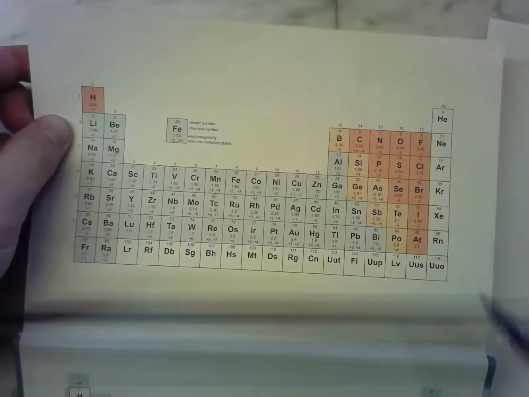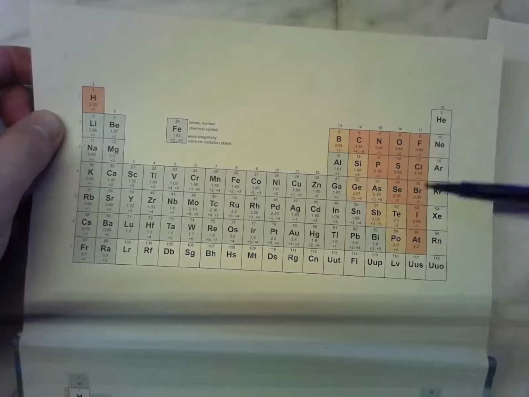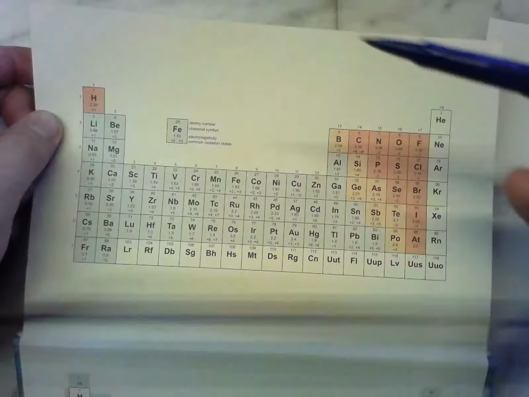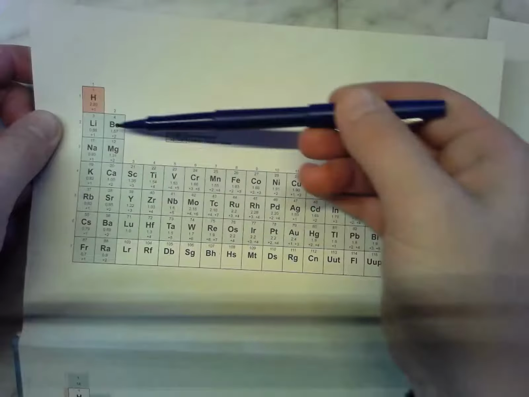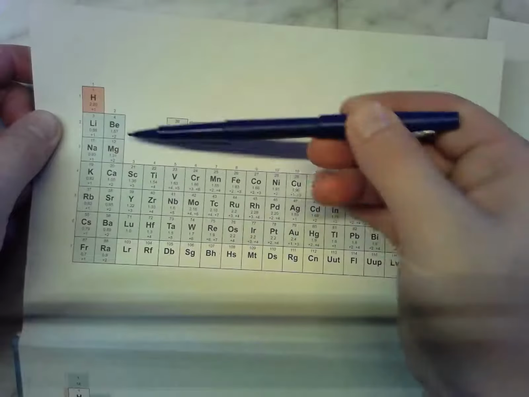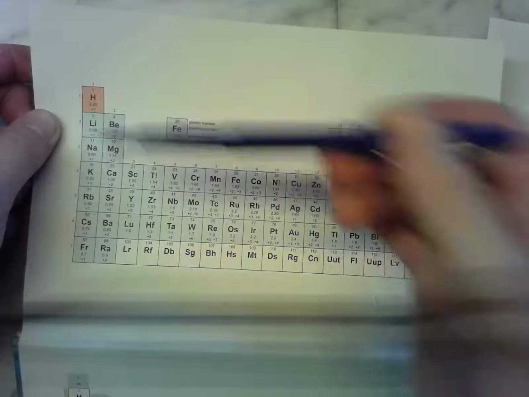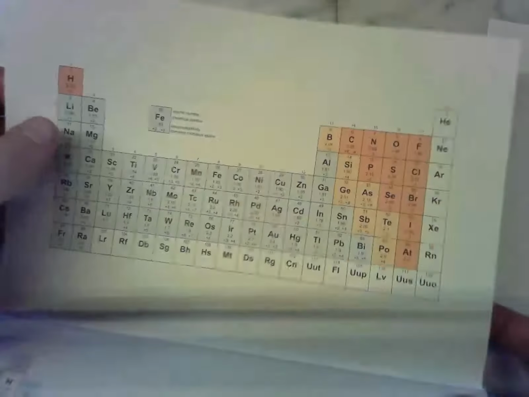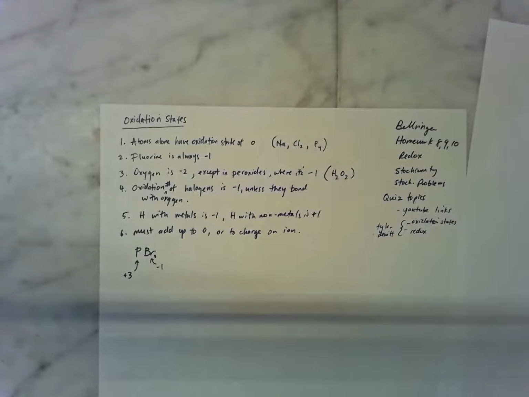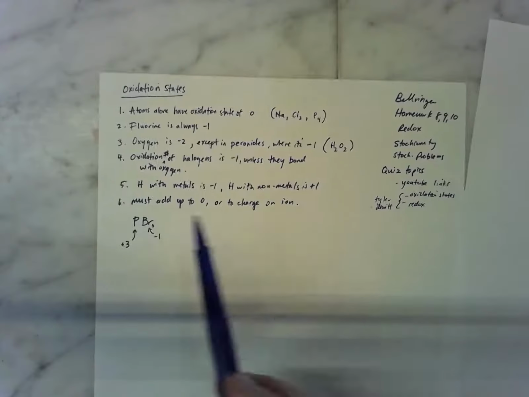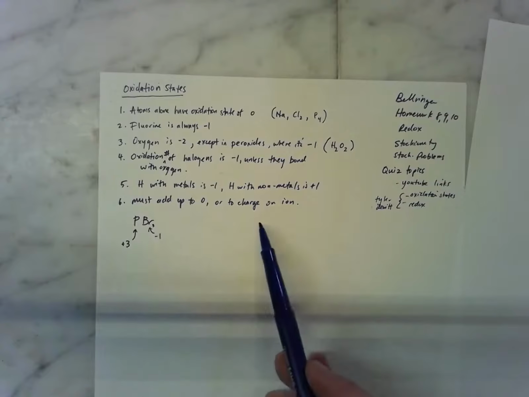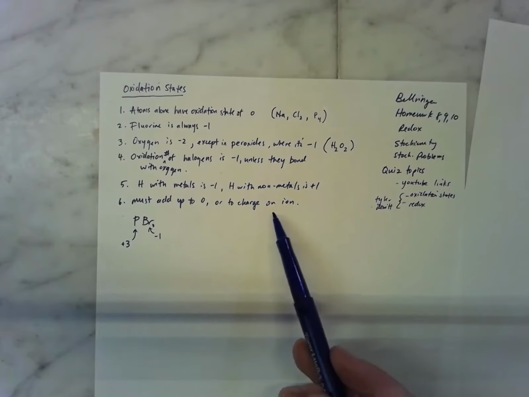Generally that's because these are more electronegative than hydrogen, and over here, hydrogen's the more electronegative one, meaning he wants to pull electrons towards himself, so he likes to have a negative oxidation state. And everything must add up to 0 or to the charge on the polyatomic ion.